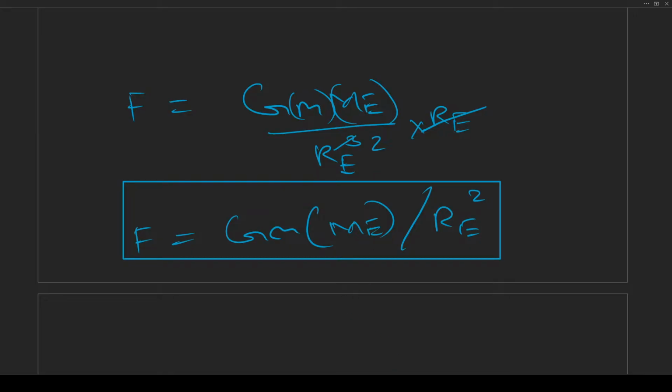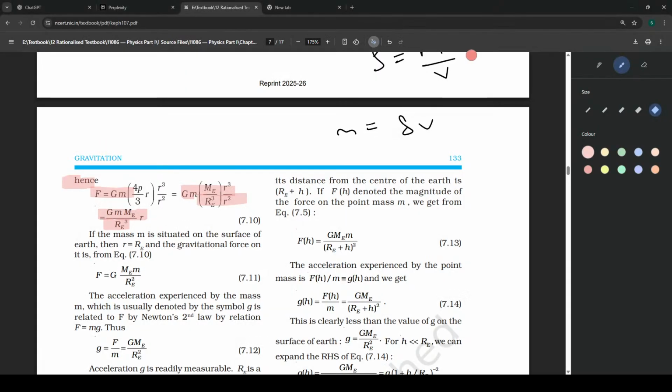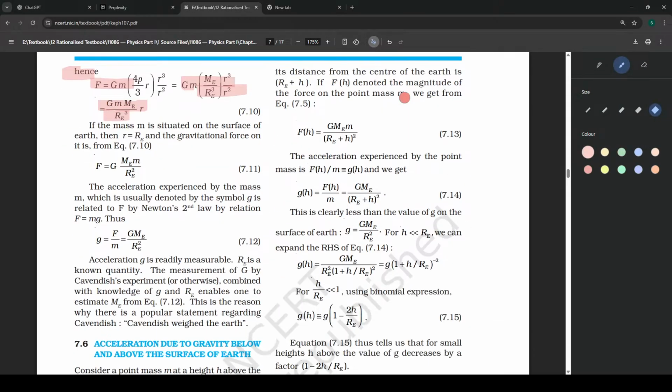Now let's go to the textbook again. If the mass m is situated on the surface of the Earth, then r equals Re, and the gravitational force on it is F equals G m me by Re square.